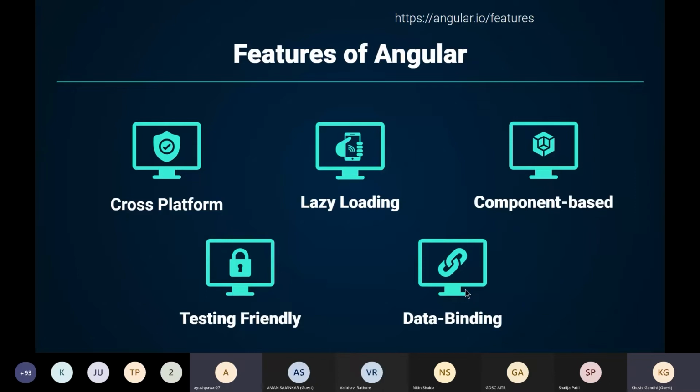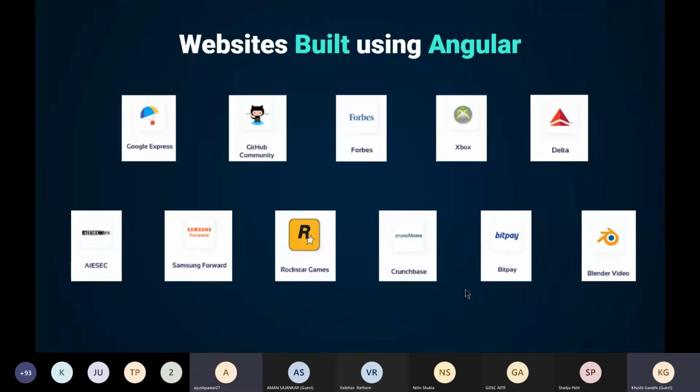Lastly, data binding. Angular enables users to effortlessly move data from JavaScript code to the view and react to user events without having to write any code manually. Then, for example, if we look at these websites that are built using Angular, there are many popular websites. As you can see, there is Google, Express, GitHub, Community, Forbes, and etc.